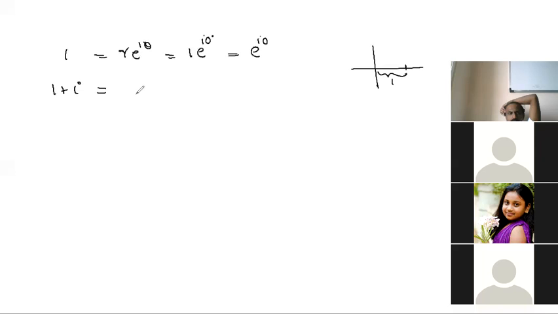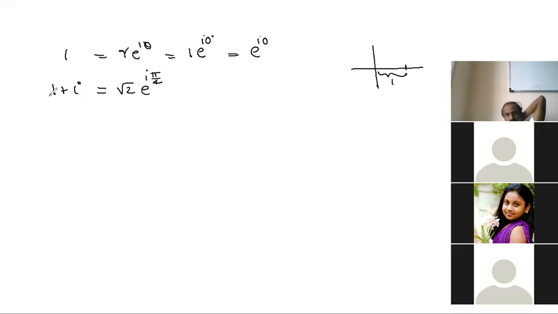1 is nothing but, where is 1 on the axis? So modulus is 1, angle is 0. So r e raised to i theta, where r is 1, gives e raised to i0, which is 1. 1 plus i is nothing but root 2 into e raised to i pi by 4.